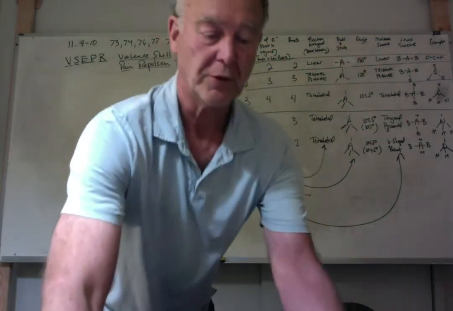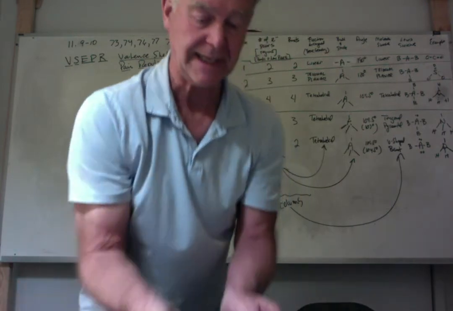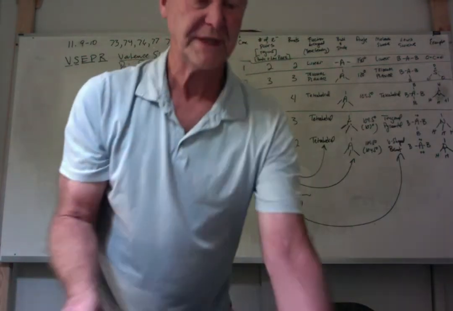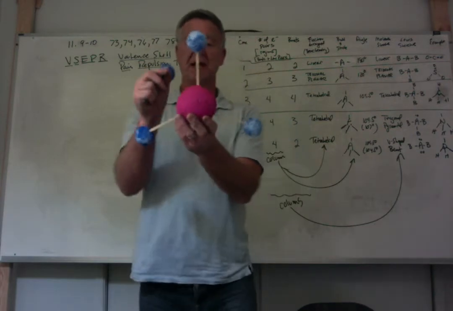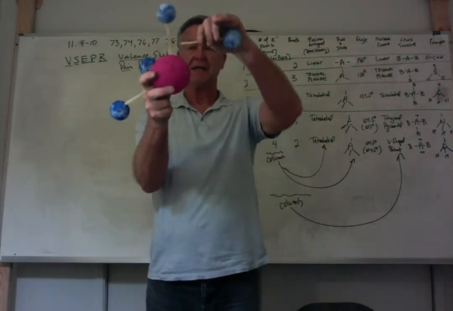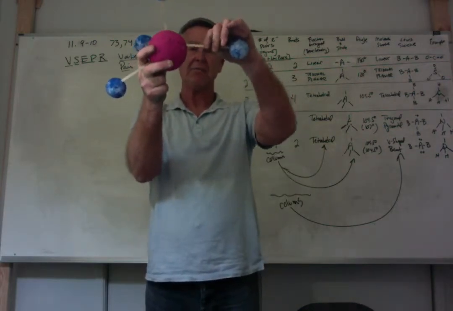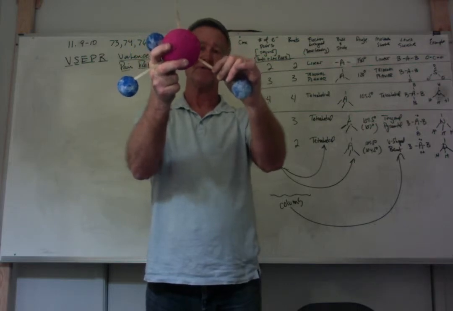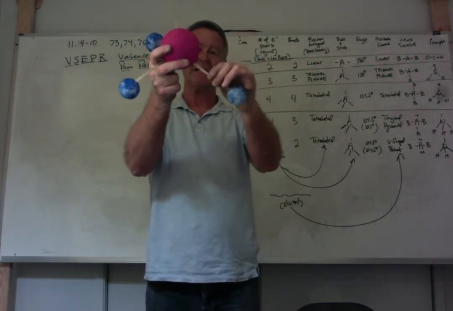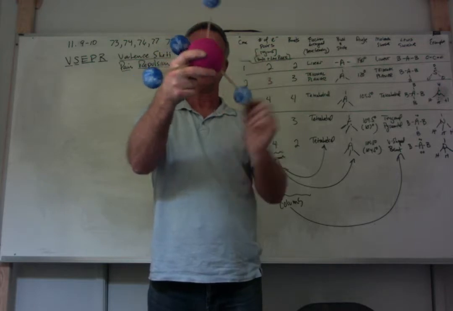Well, what about the fourth bond? Why doesn't it go to 90? Well, the reason is that by starting here and coming down not 90, but 109.5 degrees, if that's 90, that's 120, 109.5 is somewhere there.